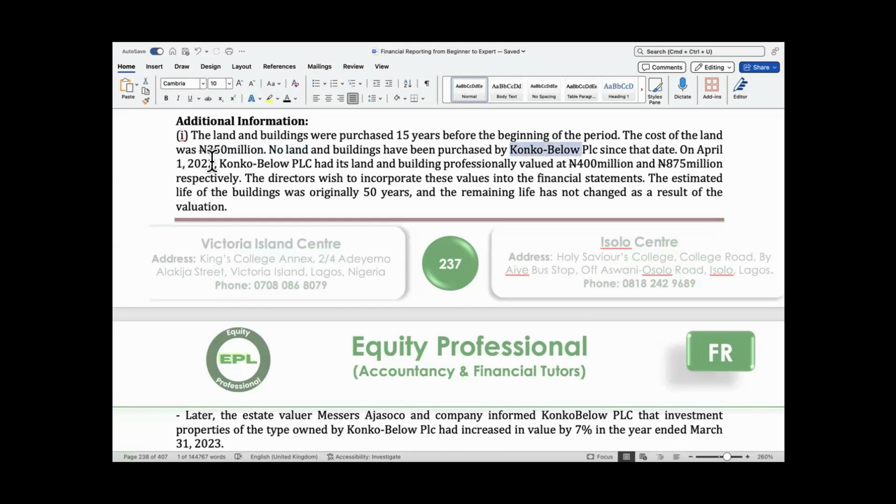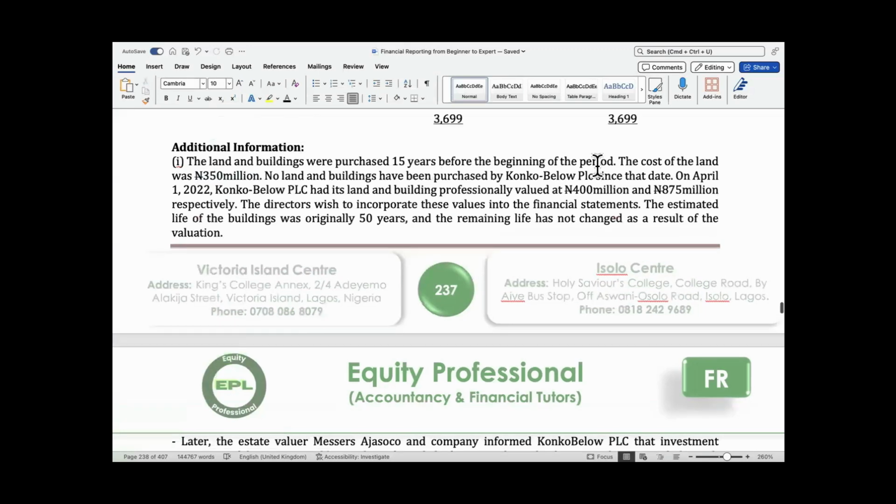On April 1st, 2022, which is the beginning of the year, since the end of the year is March 31st, 2023, Nkumbilo PLC had its land and building professionally valued at 400 million and 875 million, respectively.